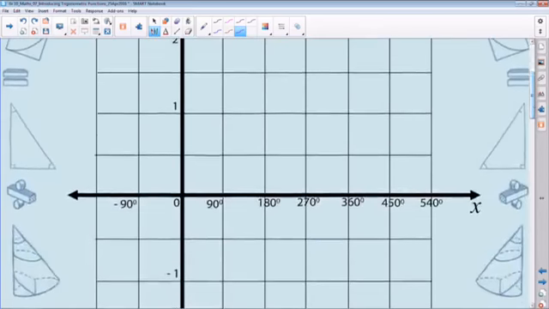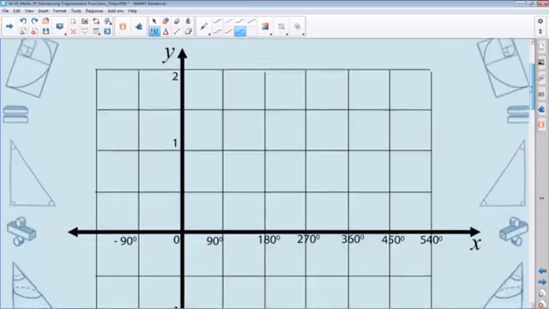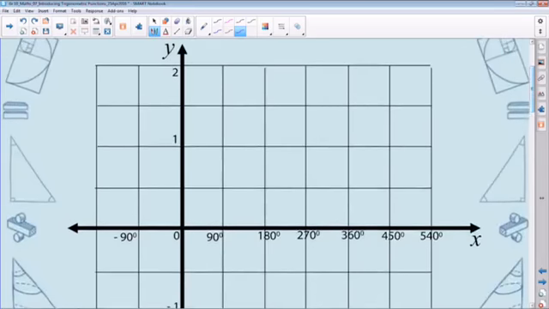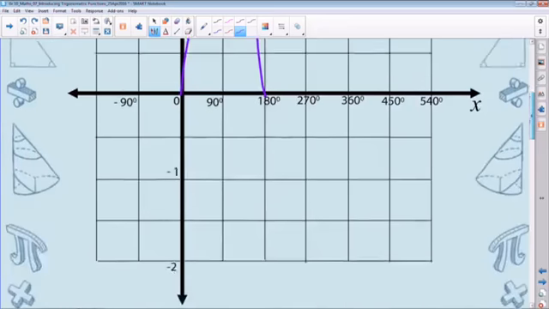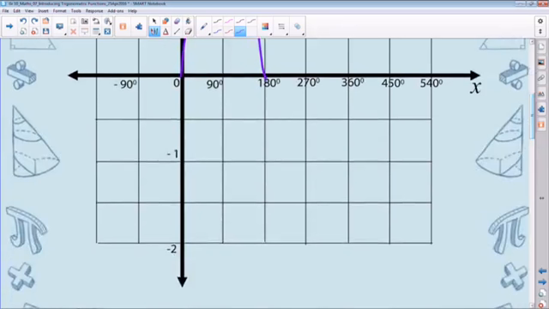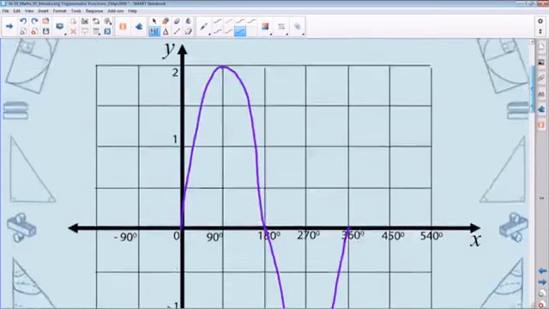So once again, I know that it goes up to 2 at 90 degrees, and then it's going to go down to 180 degrees, and let's just scroll down a bit so that we can see the rest of it. It's going to go down all the way and then over here as well. Not the prettiest, but it will still get me my marks.